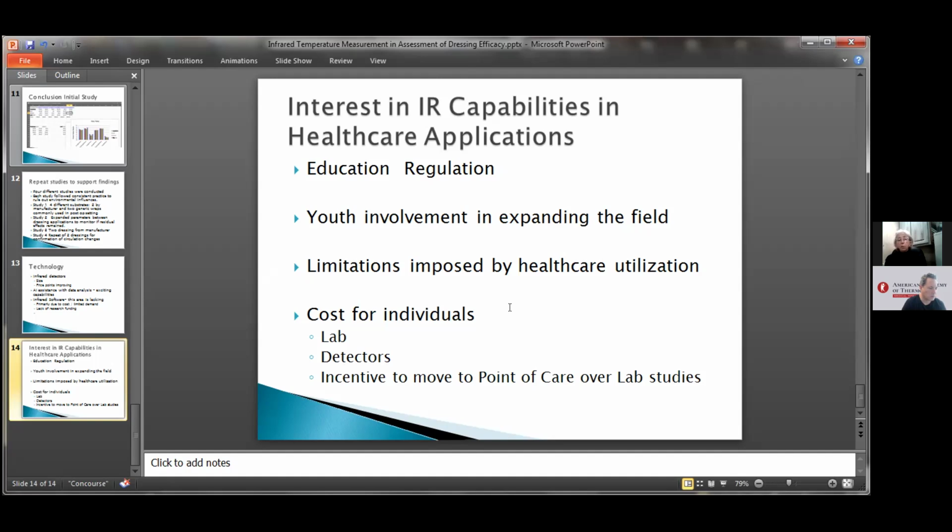And so we're finding that more and more practitioners are moving to point of care over lab studies. But I think it's important that you know that in order to prove what we do in point of care, sometimes we must move back to the lab controls in order to substantiate that data.